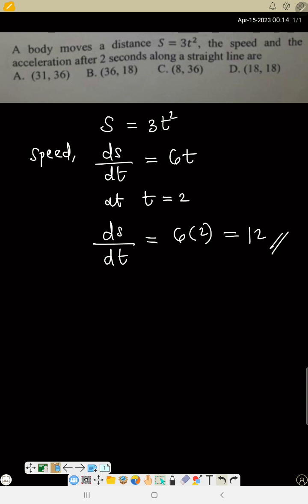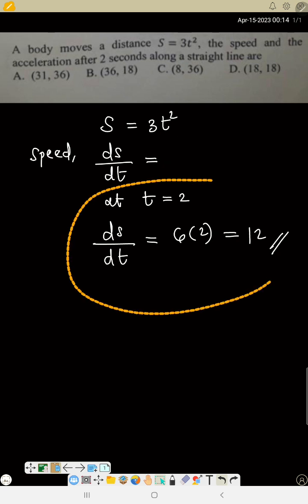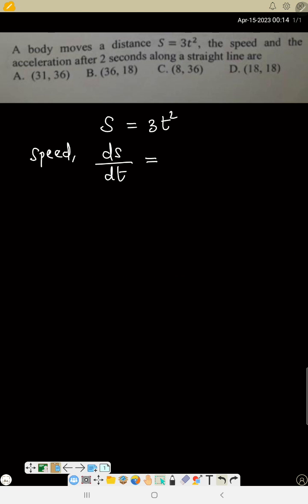Something is wrong. Definitely this question is not 12. The question is not square, so it must be power 3, 3t to the power 3. Just like number 5 that doesn't have an answer, something must be wrong.